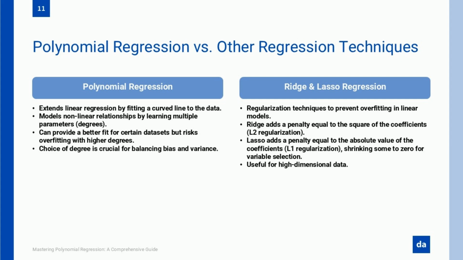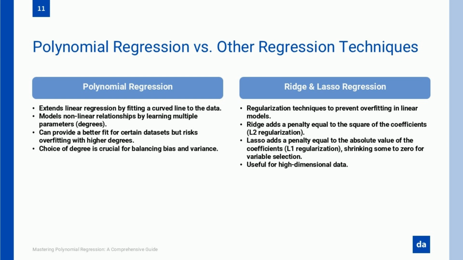A low-degree polynomial regression model is easy to understand and interpret. But as the degree increases, the equation becomes more complex, making it difficult to explain the relationship between variables. Ridge and lasso regression, on the other hand, are often preferred when working with high-dimensional data where interpretability is crucial.